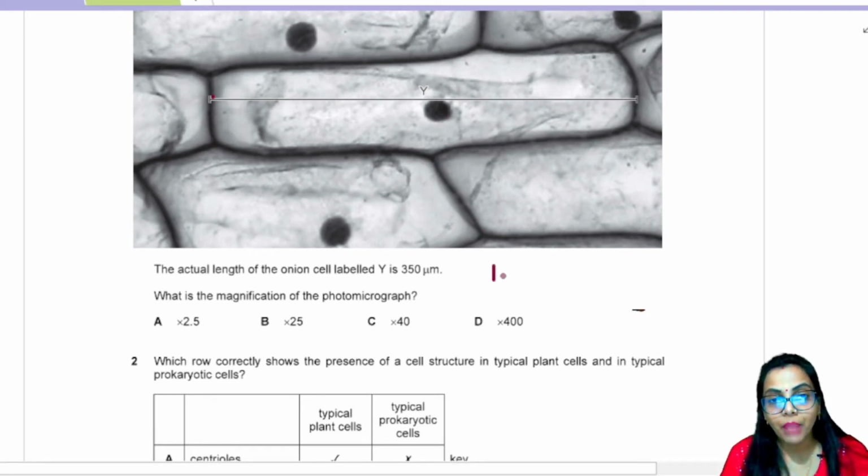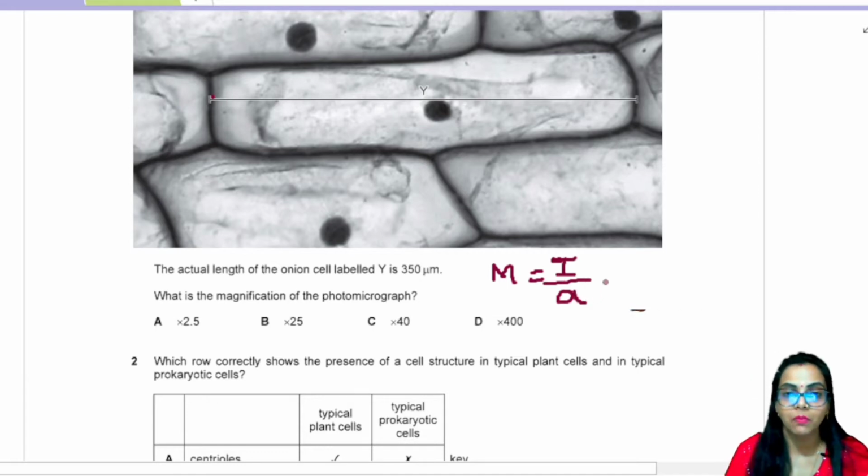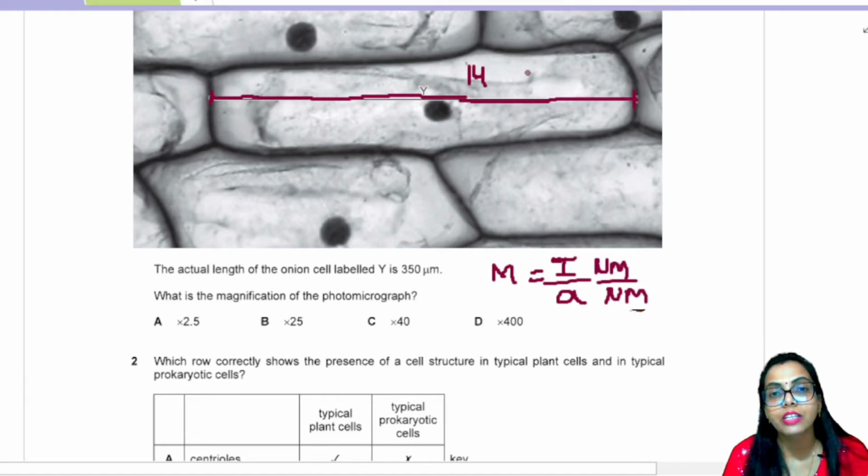We know the magnification formula: magnification of the micrograph is equal to image size divided by actual size, and both must be in the same unit, micrometer. This is very important. If I measure the image with my ruler, it comes to 14 centimeter.